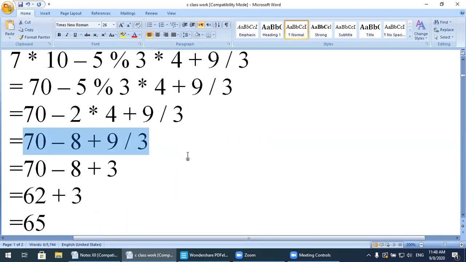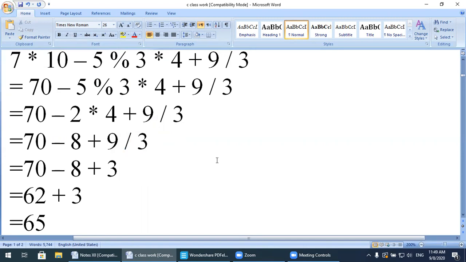Which operator should be solved now? The slash operator has the higher priority, so in this case I will solve the slash operator. It is integer division. Why am I using the word integer? Because integers don't have a floating point or decimal point, which is why 9 is an integer, and 3 is an integer as well.